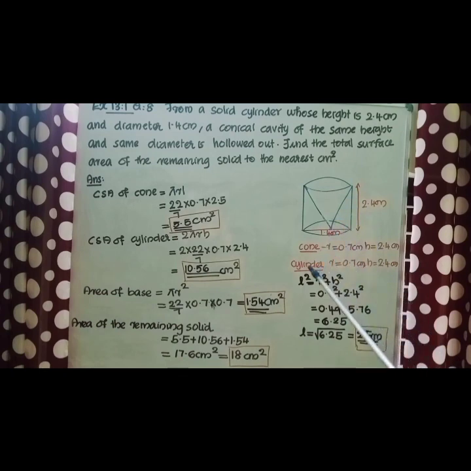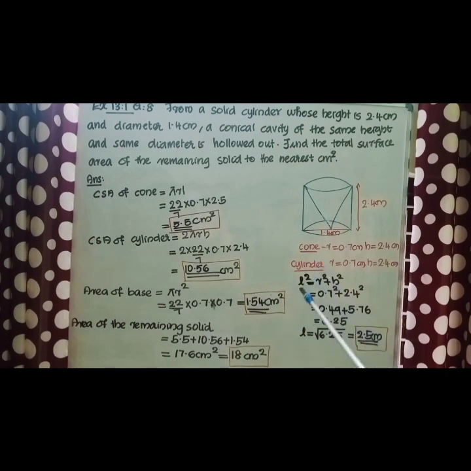Here the radius of cylinder is 0.7 centimeter and height is 2.4 centimeter. Therefore, radius of cone also 0.7 centimeter and height 2.4 centimeter. Here, slant height of cone is not given. So, let us find out it first.